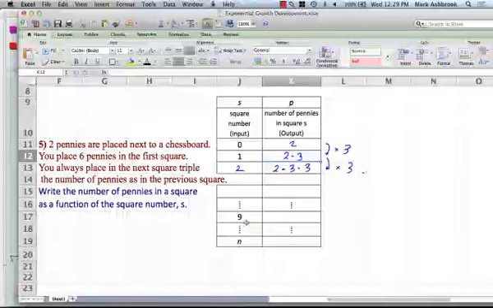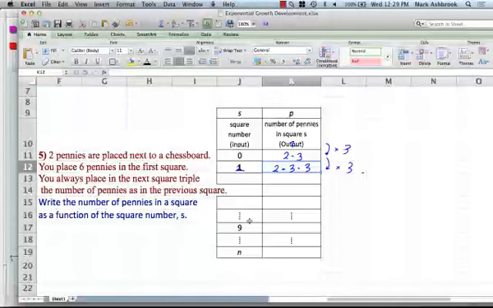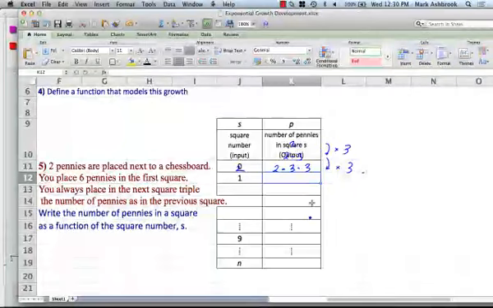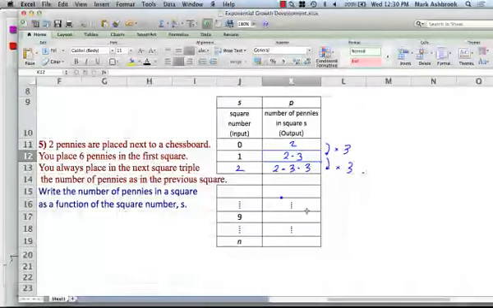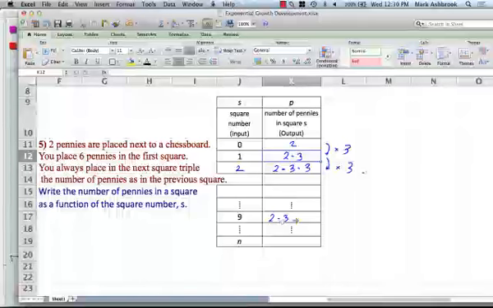So, product notation for the number of pennies in the 9th square. What would the product notation be? Jimmy, tell me. 9 threes, right.